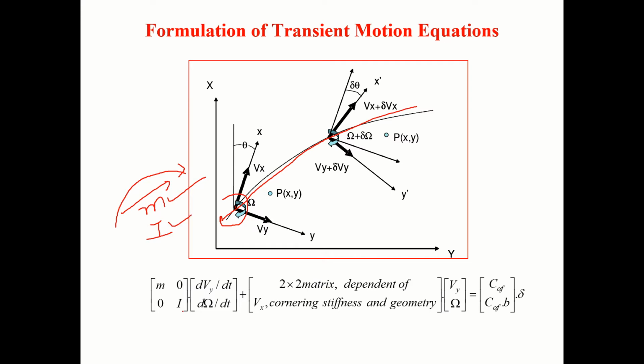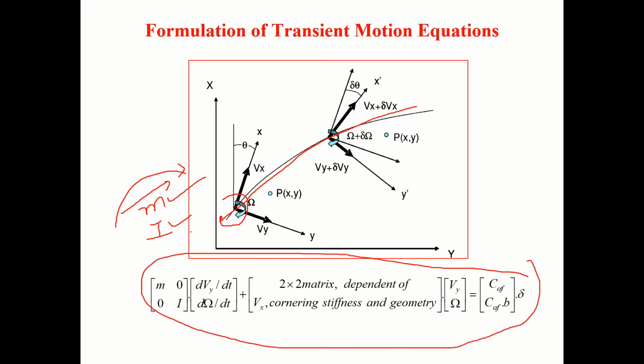Then I reduce this into state equations, the differential equation. Okay. Then I'll be getting this kind of equation. This is of the form Ax plus Bu is equal to C, kind of an equation.